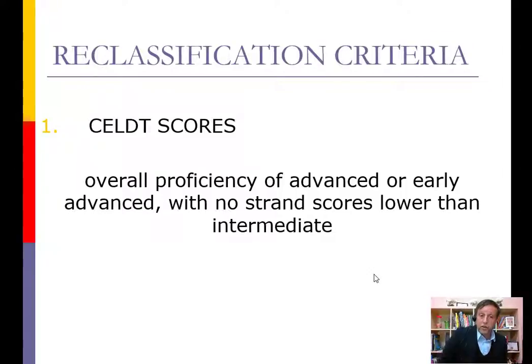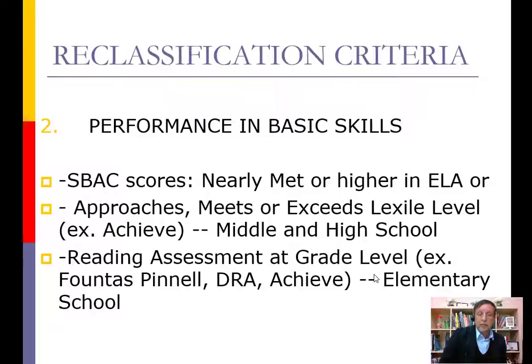So first of all, your CELT scores. In order to meet the threshold, you must have an overall proficiency of advanced or early advanced on your scores, and we'll look at that in a second, but you cannot have any strand lower than intermediate. If you meet that threshold, then you go to performance and basic skills.